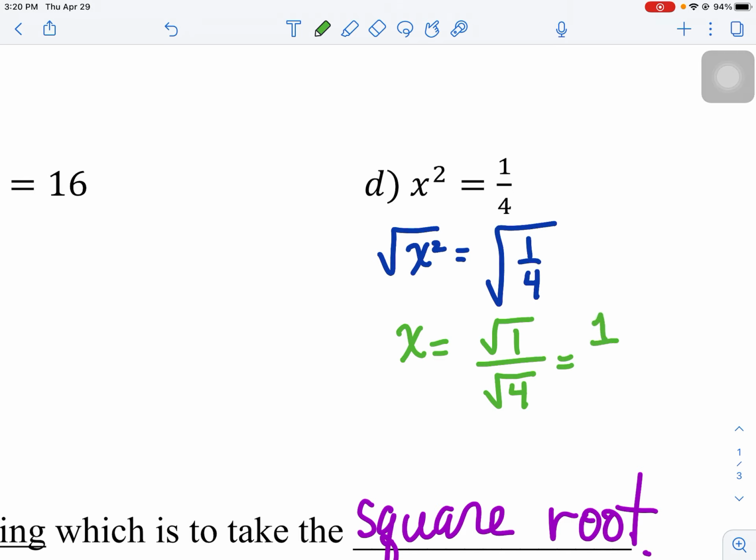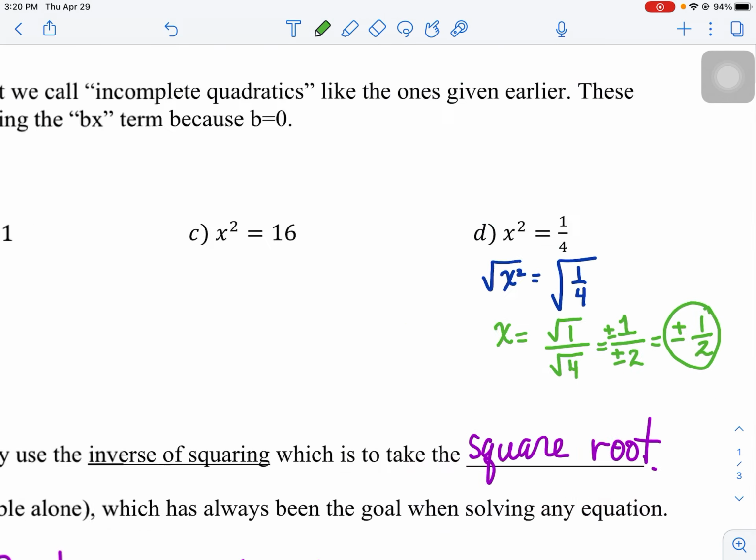So you get positive and negative 1 over positive and negative 4, which comes out to positive and negative 2, sorry. I erased the wrong 2, kids. Sorry. The square root of 4 is 2. So you get positive and negative 1/2.